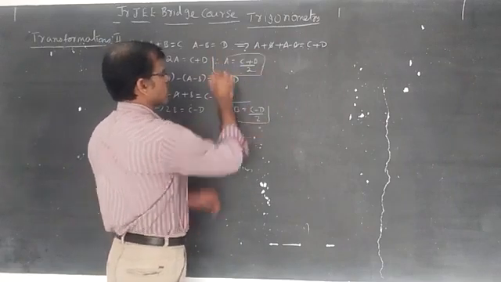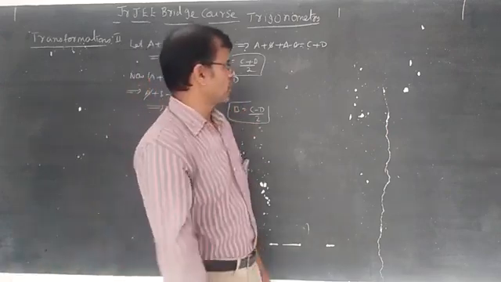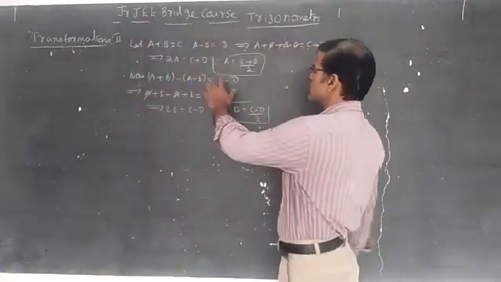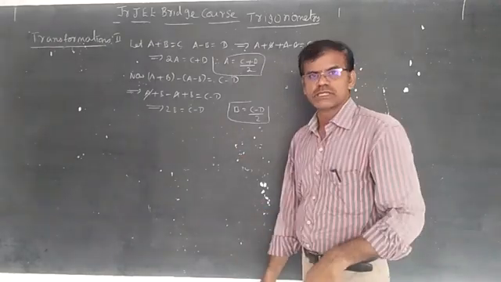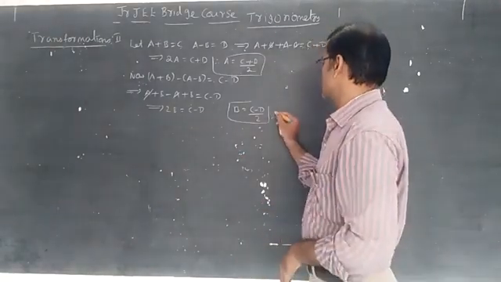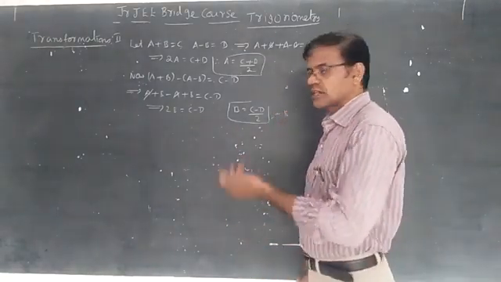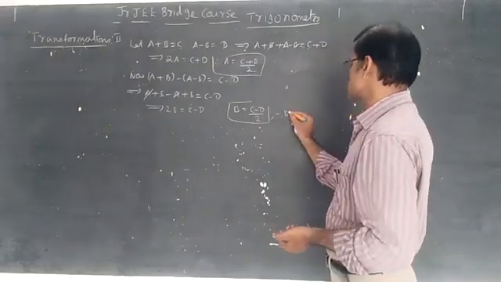Depending upon this one, now we get another formula. So depending upon A is equal to C plus D by 2 and B is equal to C minus D by 2, we are going to discuss another formula, transformations only.